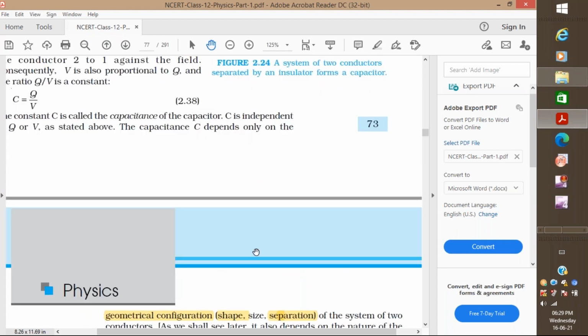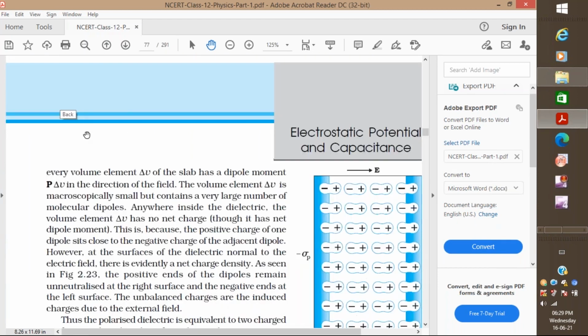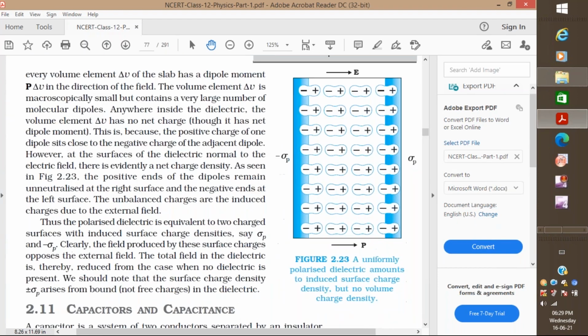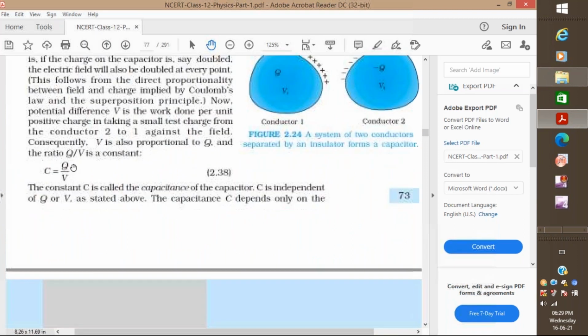If your C is very large, then keeping the same potential, if you want to store more charge, your capacitance has to be more.